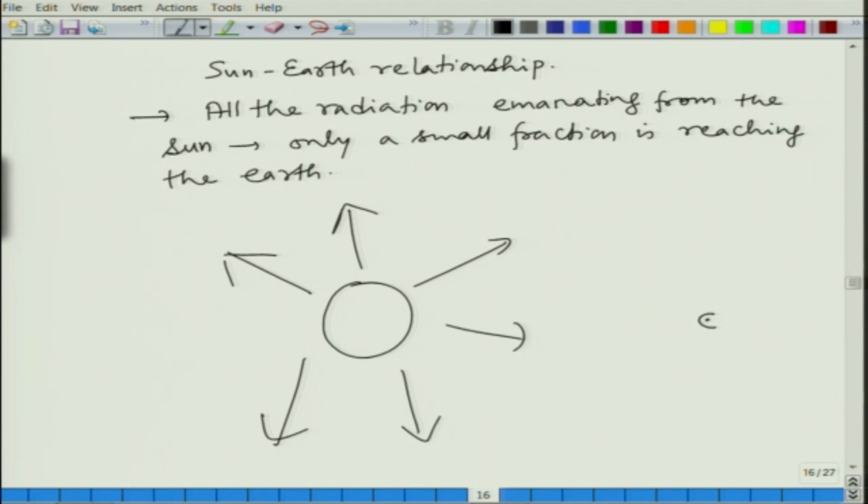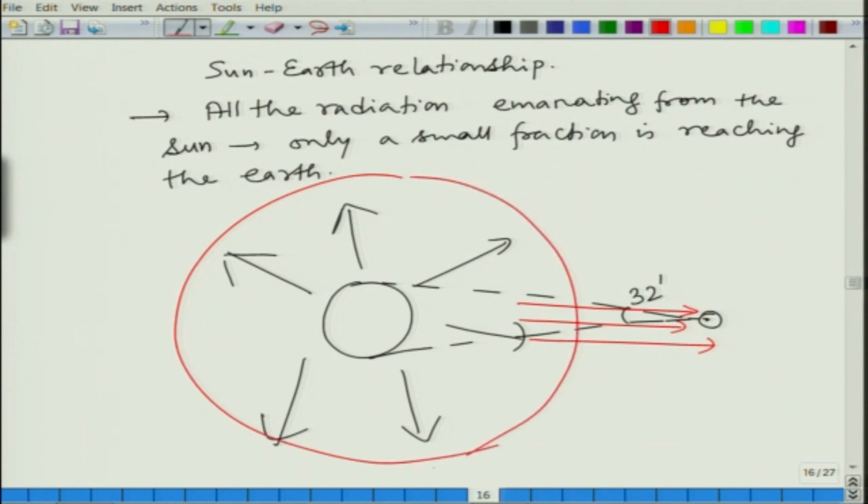Only if this is your earth and this 32 minute, that is the solid angle it is making, that sun. So, whatever is coming towards earth, only a small fraction of this whole radiation sphere that it is making is actually getting intercepted by the earth. Okay. So, this is very important.